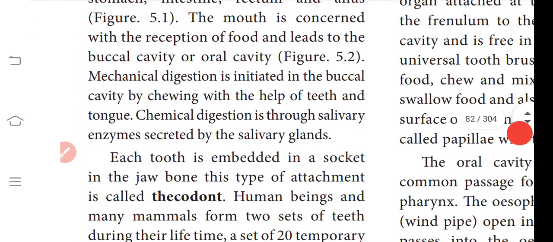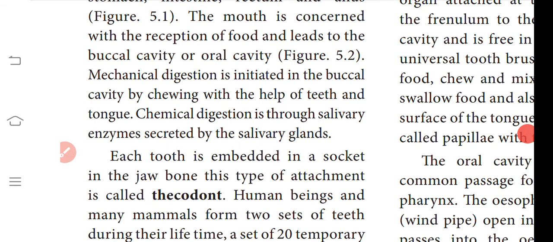To start with the mouth, what are the parts that we have to learn? We will learn about the tongue, teeth and types of teeth, and the digestion that occurs in the mouth region. The mouth is concerned with the reception of food, taking in food. We get the food through our mouth, which leads to the buccal cavity.